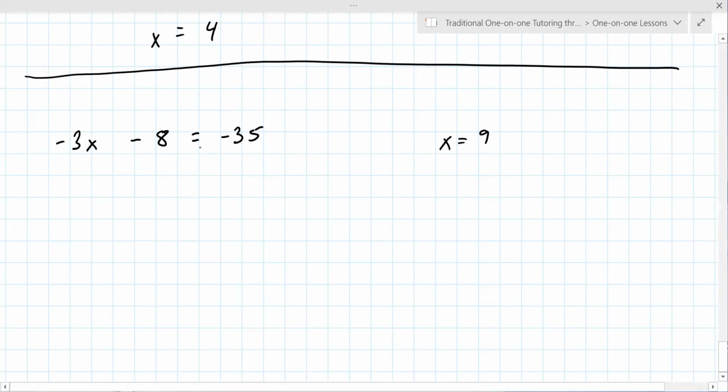Okay, let's take a look here. It's because you have to subtract 8 on negative 35, and then it'll give you a 27, and then divide by 3, and then it will give you 9.